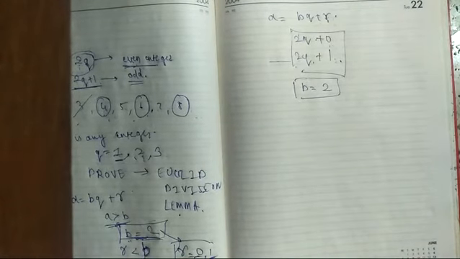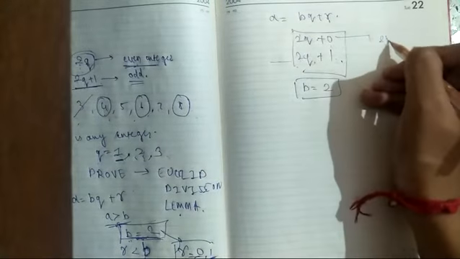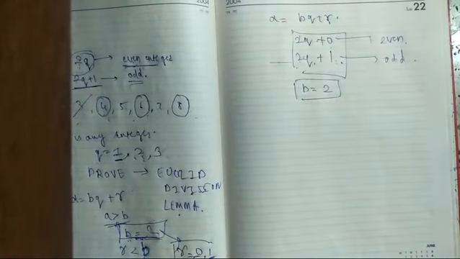Now how will we prove that this is for even integers and this is for odd integers?